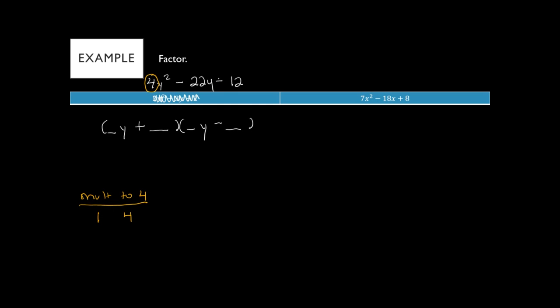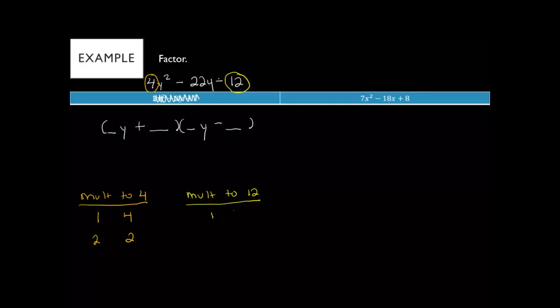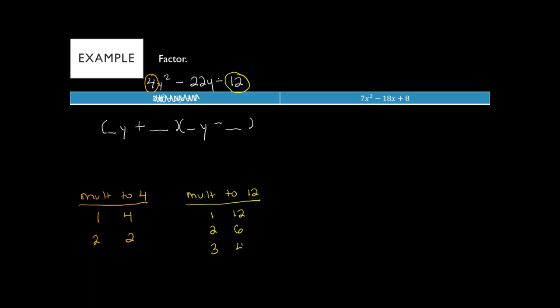So that's 1 times 4 and 2 times 2. The second set of numbers needs to multiply to 12. So we've got 1 times 12, 2 times 6, 3 times 4.